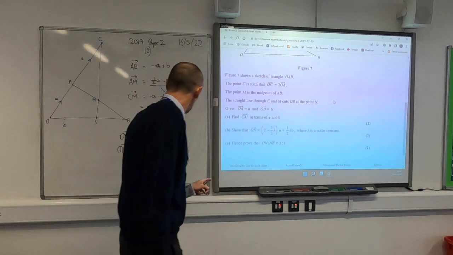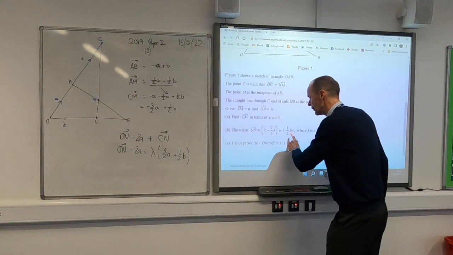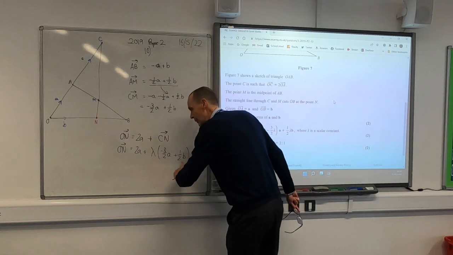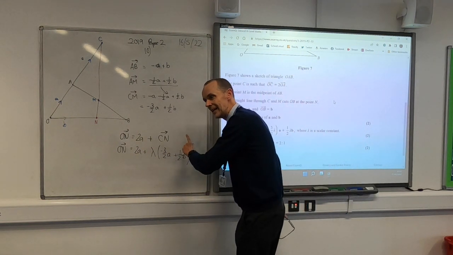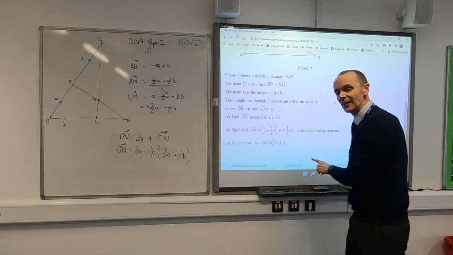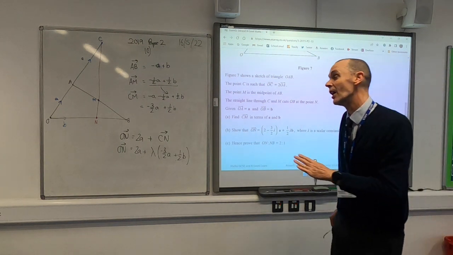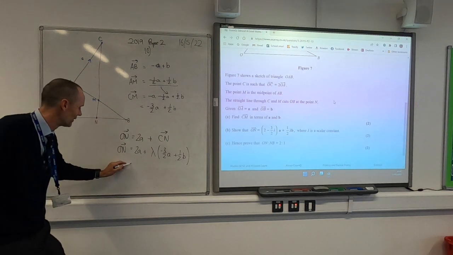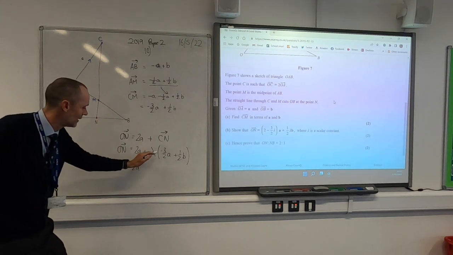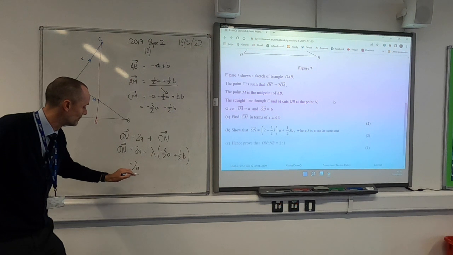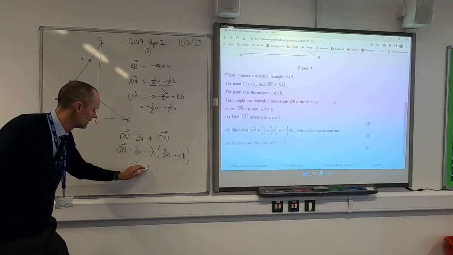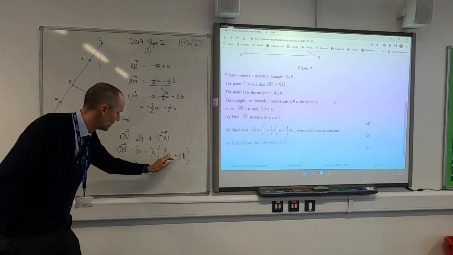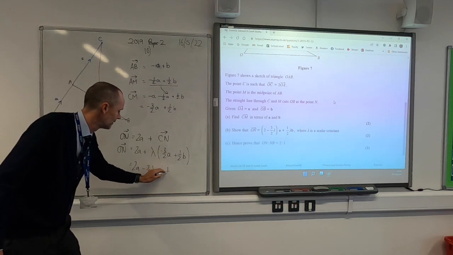Now, we've got to show that O to N equals this, and I'm hoping that if you multiply all that out, you're going to get there. Well, I say I'm hoping, I know you will. So I've got my 2 a's, I've got minus 3 over 2 a times lambda, and a half b times lambda.